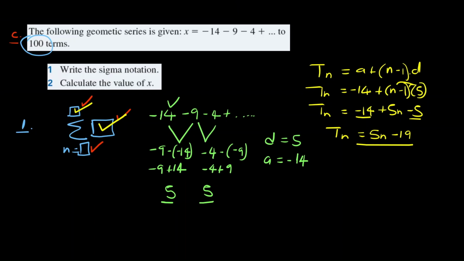So far we can safely say that our sigma notation stands as 5n minus 19, and we know that we have 100 over there, and with this n we can simply say n equals 1, because if we substitute 1 there, it will give us our a value, which is negative 14.